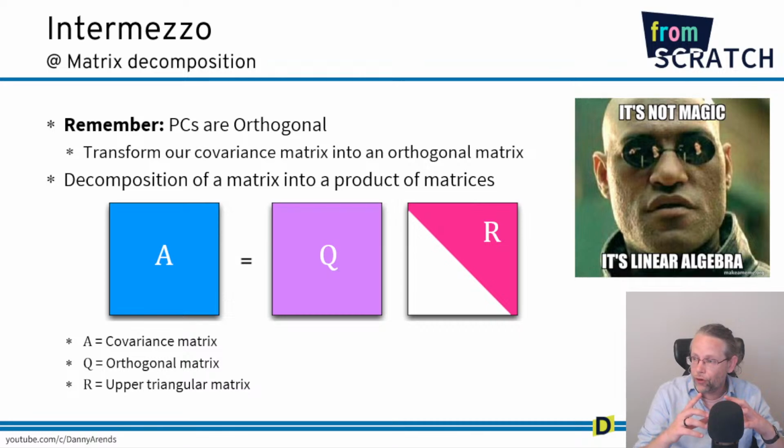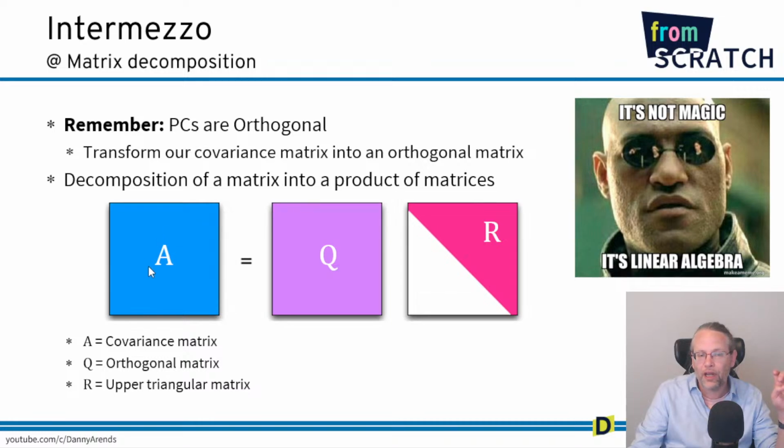So we first have our data, we autoscale our data, and then we need to compute the orthogonal basis, so the eigenvalues and the eigenvectors of our principal component analysis, right? So we need to transform our covariance matrix into an orthogonal matrix because our covariance matrix still is not uncorrelated, right? So we can do that by decomposition of a matrix into a product of matrices, right?